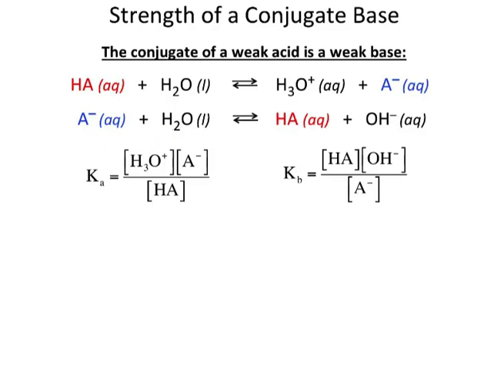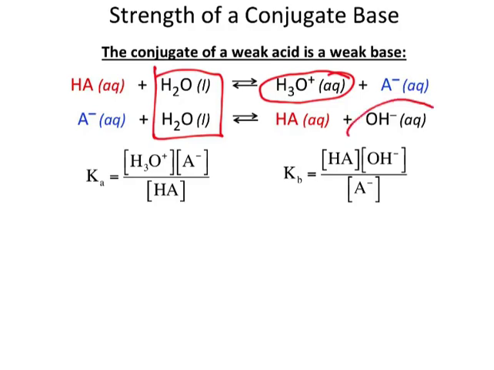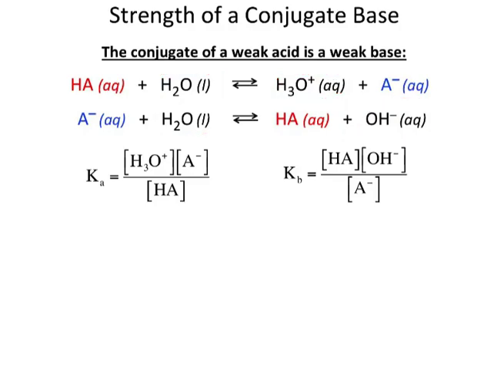Now, do notice that these two equations are not just the reverse of each other, which means the Ka equation and the Kb equation are not just reversed from each other, because water is present as a reactant in both of these equations. And then on the right side, one of these is producing H3O+, hey, that's an acid. One of these is producing OH-, hey, that's a base. So these equations are not just the reverse of each other, but you can take a weak acid, turn it into a conjugate base, and vice versa.